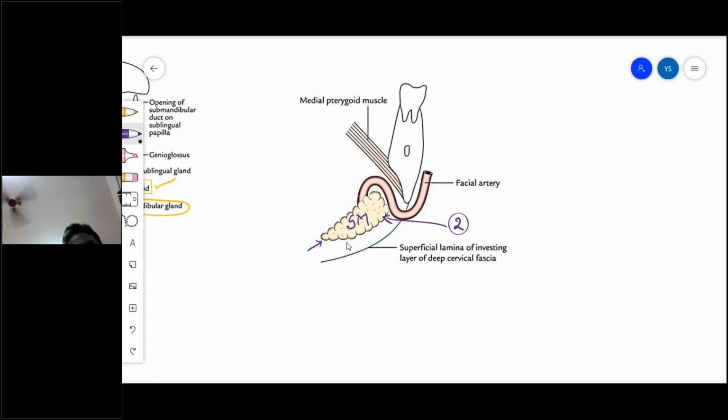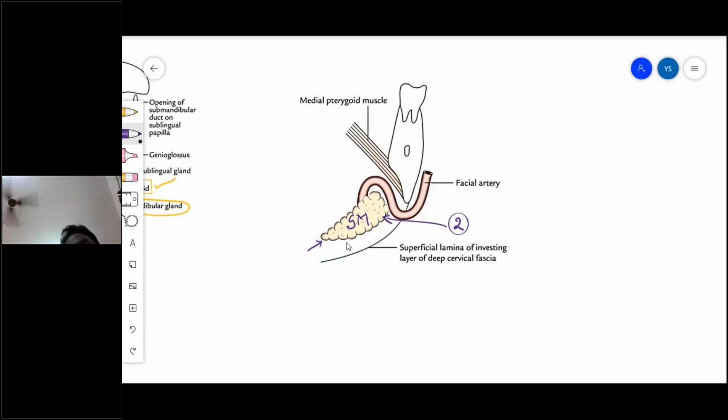So what is the salient feature here? What is your observation at the posterior end? That's good. Posterior end is grooved by the cervical part of the facial artery.